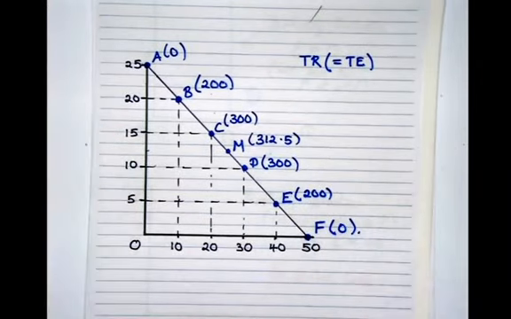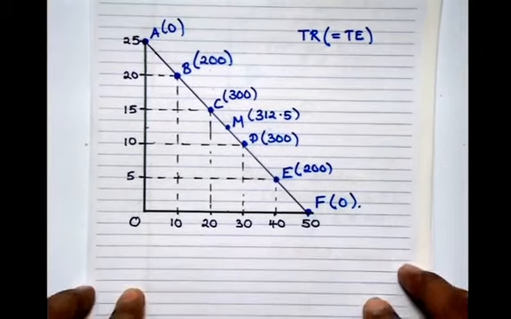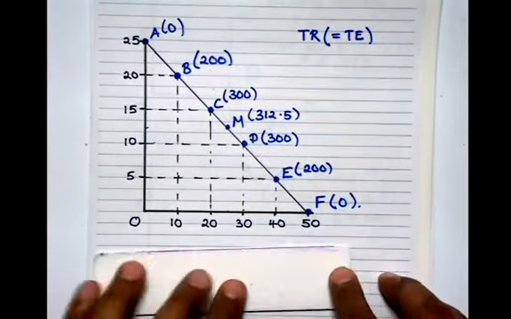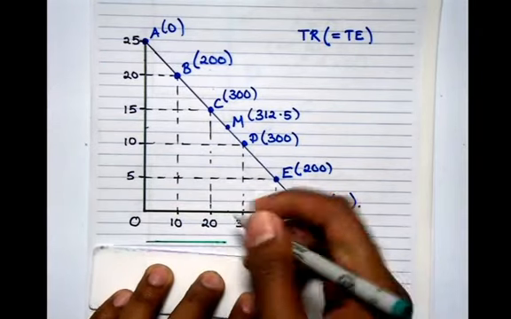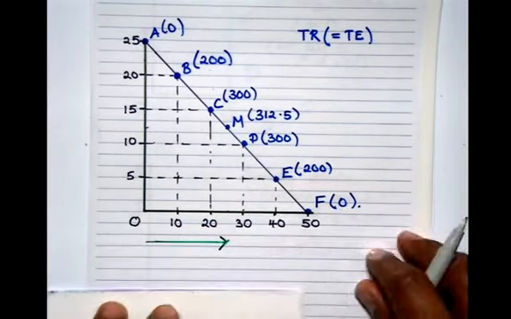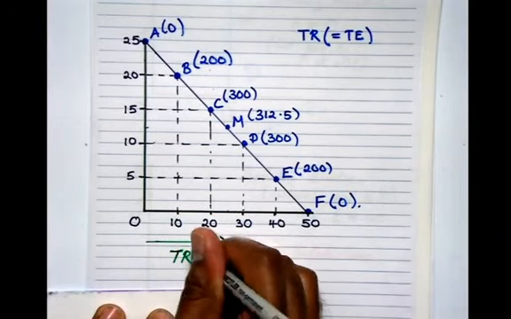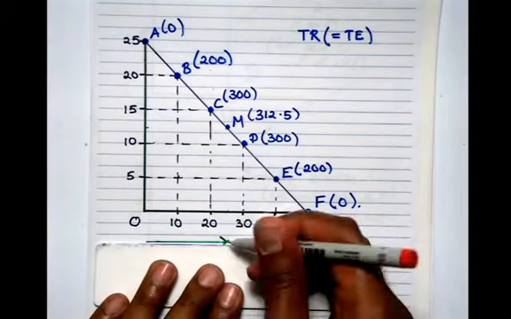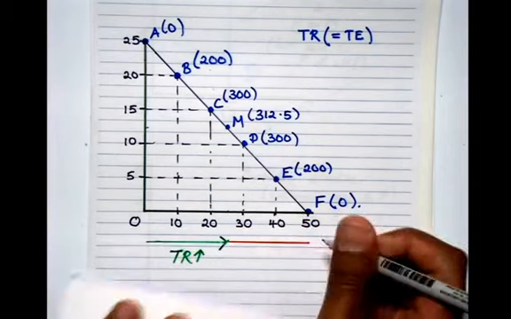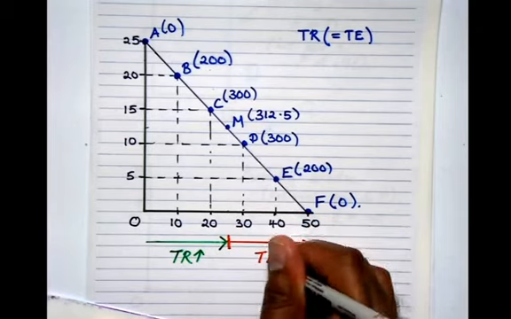What do you notice? As you work your way towards the middle, total revenue goes up. But as you work your way away from the midpoint, total revenue now starts to go down.